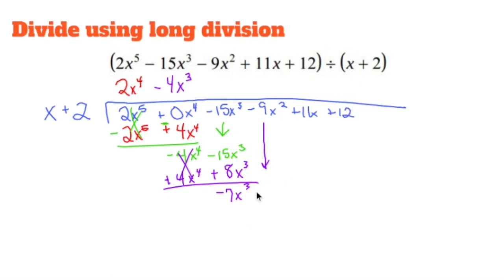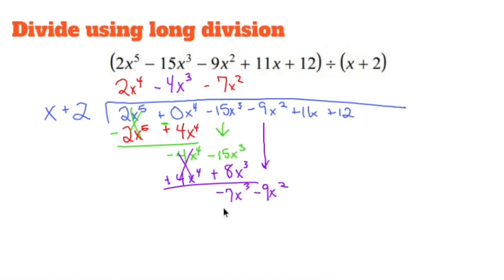Drop down this guy. Repeat. Okay, and we're still moving. We're like halfway done. X times what is negative 7x to the third? Negative 7x squared times x is negative 7x to the third. So take negative 7x squared times this whole factor, write it underneath.